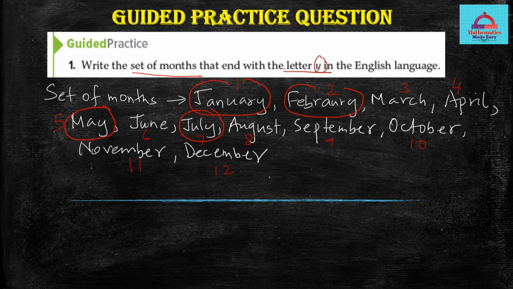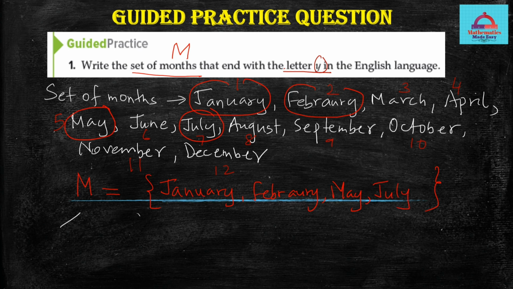So we need to write the set of months. Let me just denote it with a capital M that end with the letter Y in the English language. So now I hope you all can easily see that this set of months is a well-defined set. Let me now write this set. So the set M, we put the curly brackets and then we write our 4 elements: January, February, May and July.